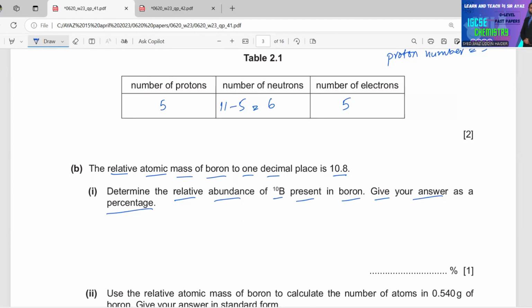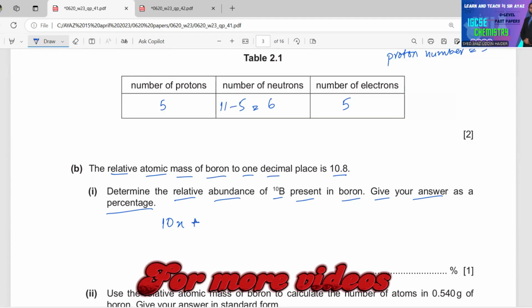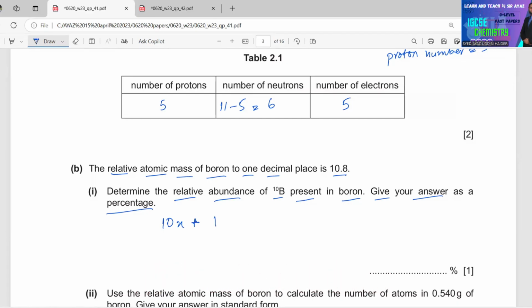So the equation will be like this: 10x plus 11, that will be the nucleon number of the other isotope, multiplied by the bracket 100 minus x. This whole will be divided by 100 and is equal to Ar, which is 10.8.